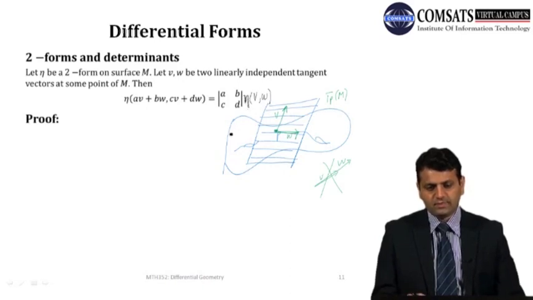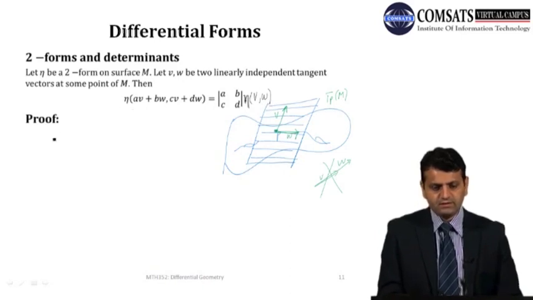Okay, so let's see इसको कैसे हम प्रूव करेंगे. So by using the properties of eta. So AV plus BW, CV plus DW is equal to, I can write down using the property of linearity. So eta is linear in both coordinates.